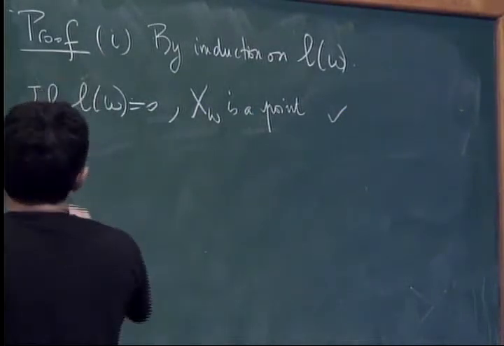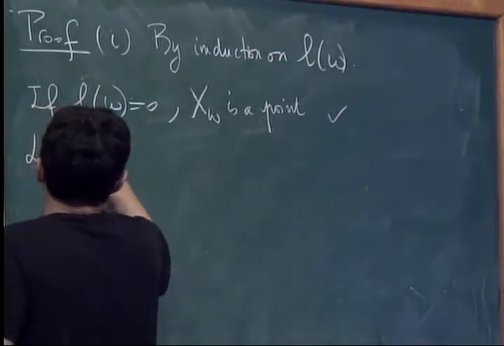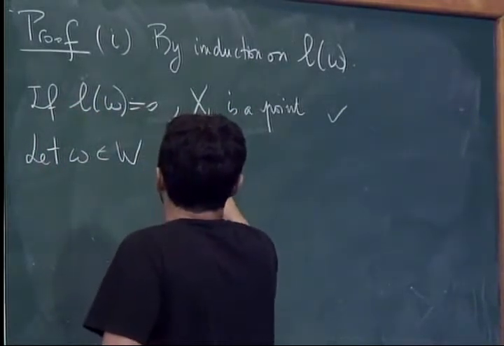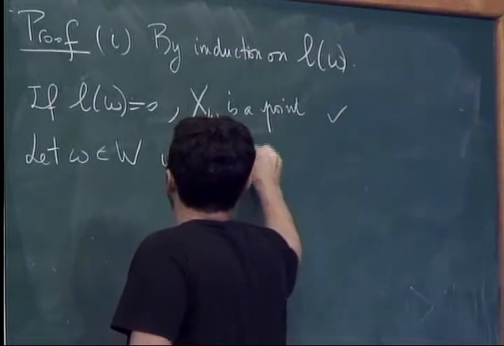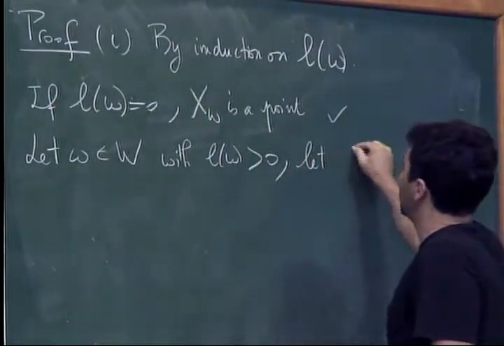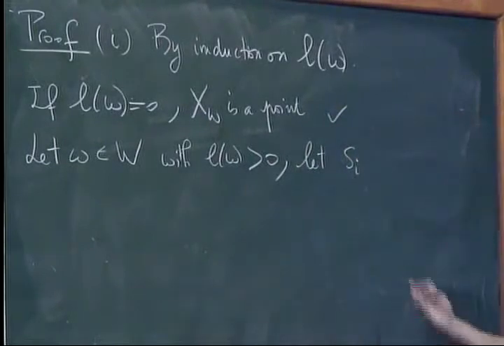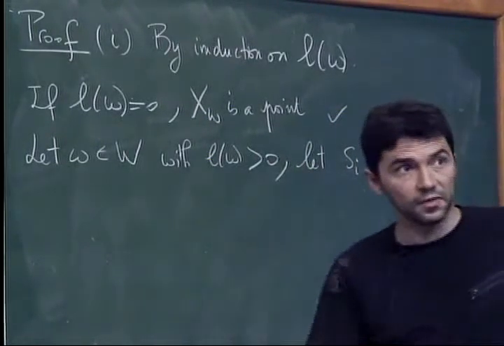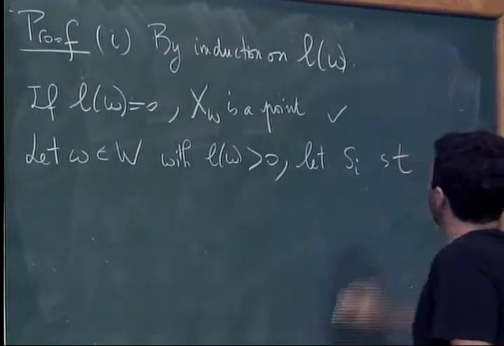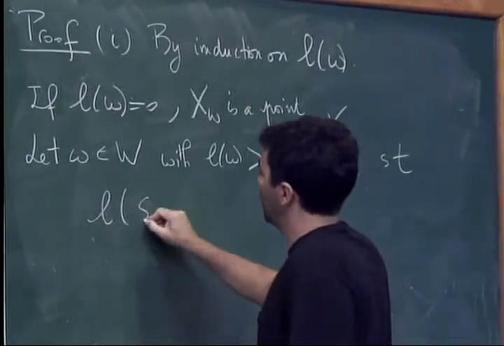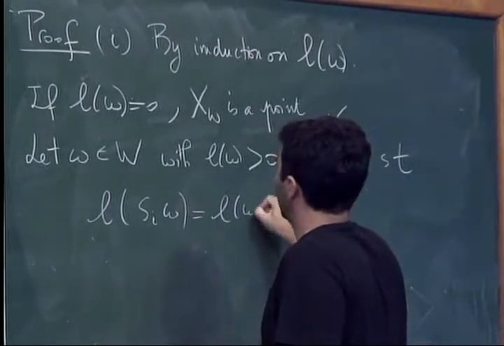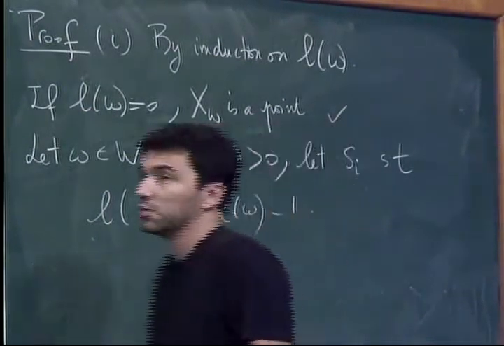So now let omega in the Weyl group with positive length, and let Si be one of the transpositions that exchange i and i plus 1, such that the length of Si omega is exactly the length of omega minus 1.